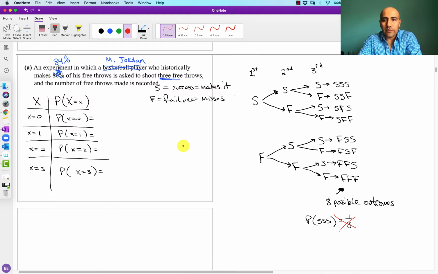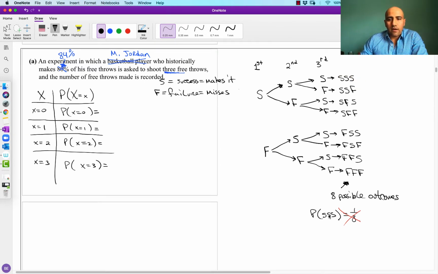Okay, so what are the probabilities? What we have to do is go back to our chapter 5 ideas and think about the fact that this statement here, the probability that we get success in the first one, and success in the second one, and success in the third one. These are and statements. We said that they were all independent. Therefore, we know that we get to multiply them, right? This is the multiplication rule from back in chapter 5.